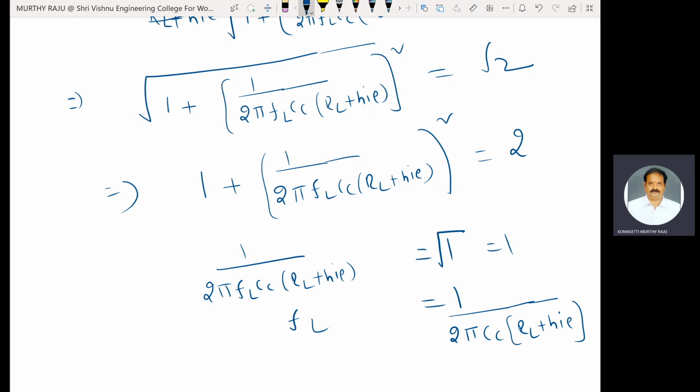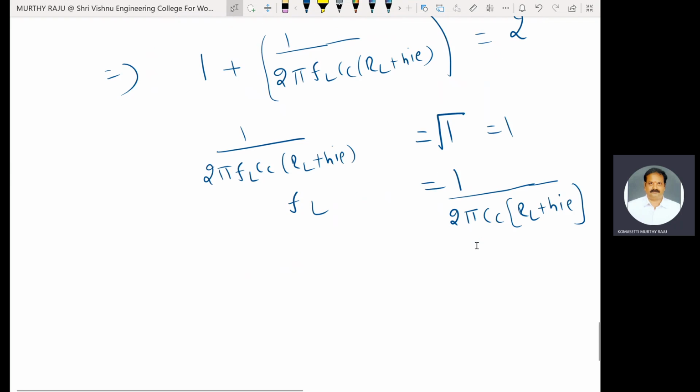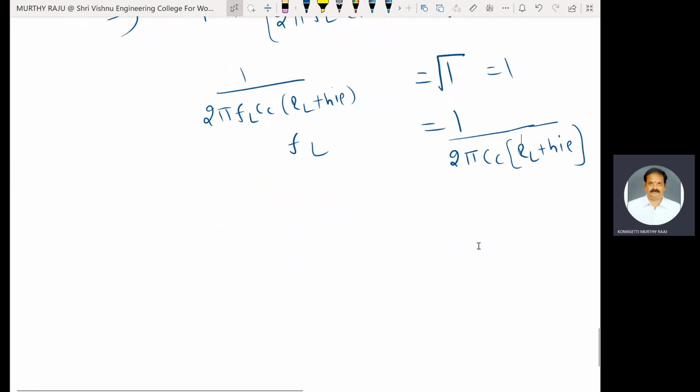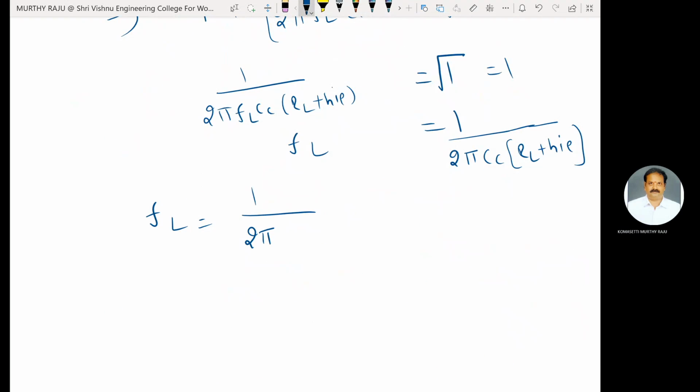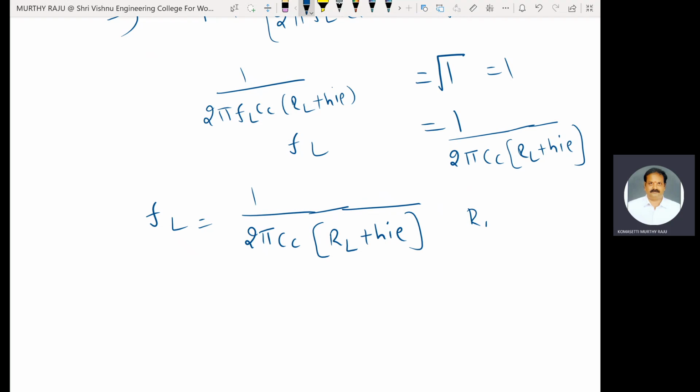This is the lower cutoff frequency. Lower cutoff frequency FL is equal to 1 by 2 pi CC, coupling capacitor CC, into RL plus HIE. Sometimes the biasing resistance of that second stage is also given. Ri dash is equal to R1 parallel R2 parallel HIE.